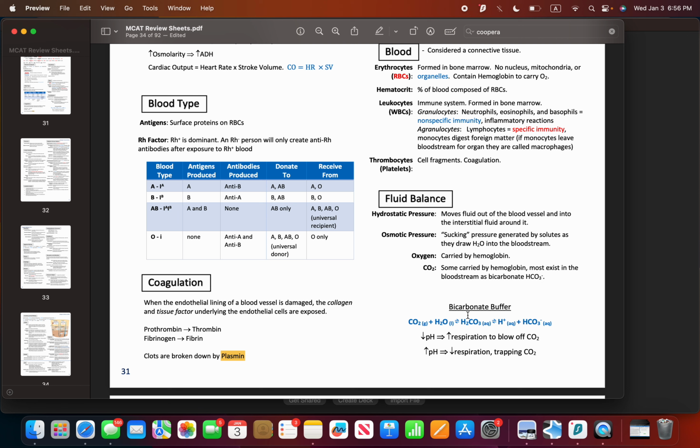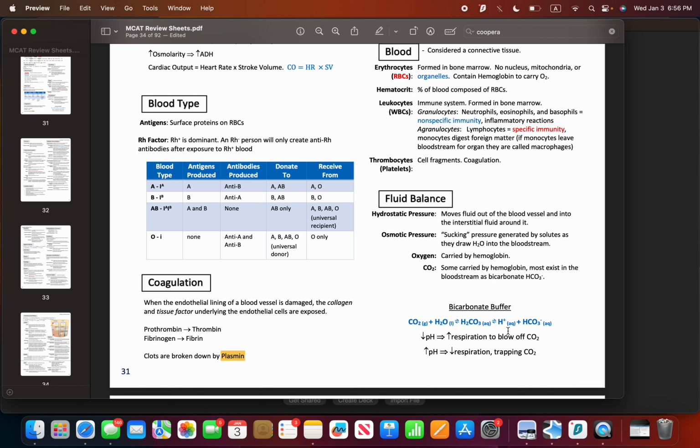So when we exercise, the reaction goes to the right, and we have to balance it back to normal by bringing it back to the left side, and that's by respiration, right? Because we want to release the CO2 instead of keeping it, right?